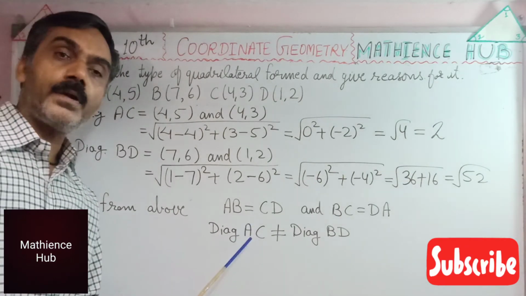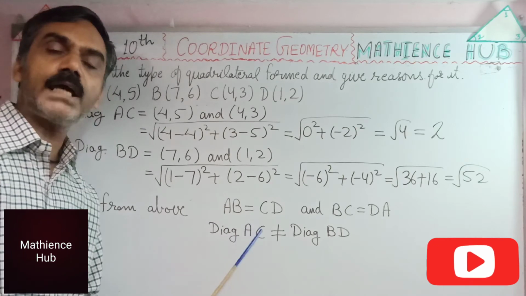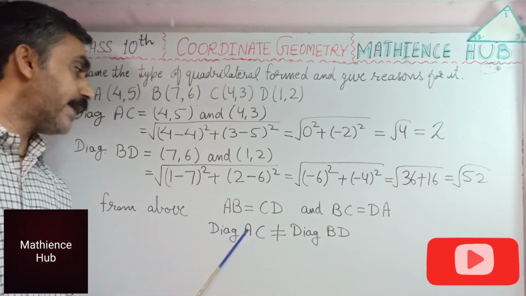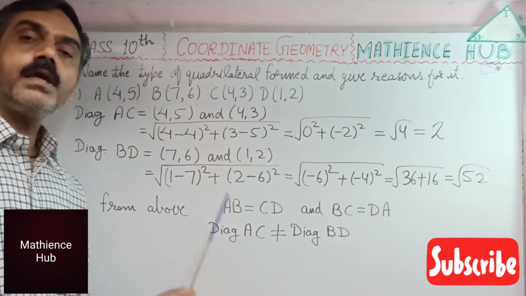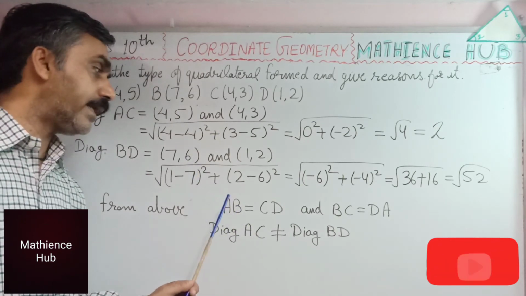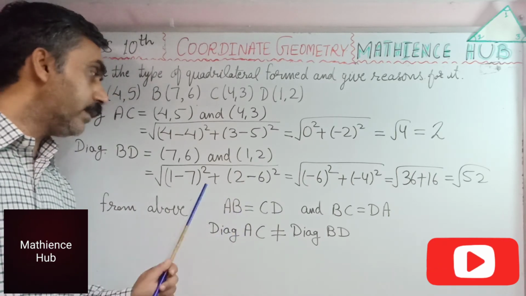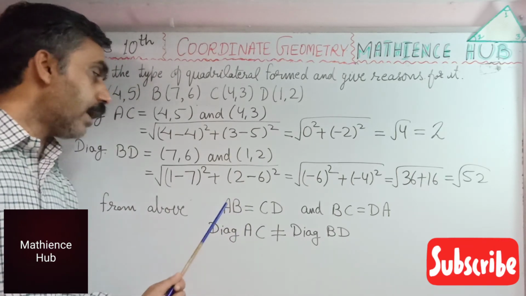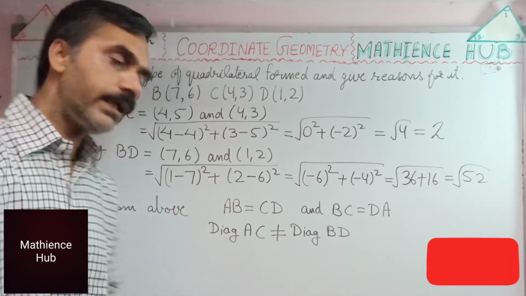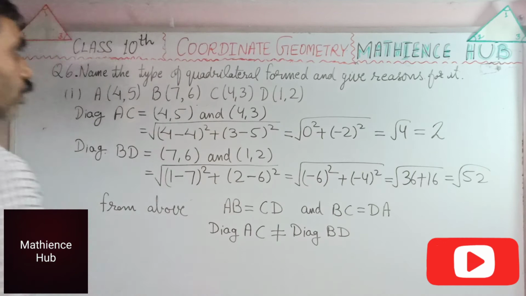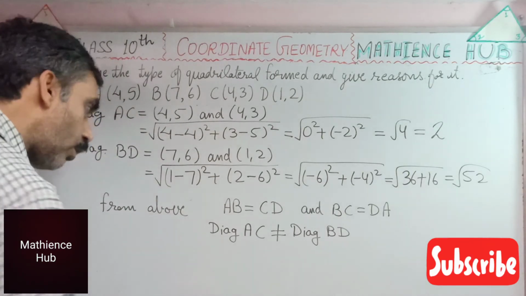So this is the property of a parallelogram. You see, in a parallelogram opposite sides are equal and diagonals are not equal. In a rectangle opposite sides are equal and diagonals are also equal. But in this question opposite sides are equal but diagonals are not equal. So these vertices form a parallelogram.